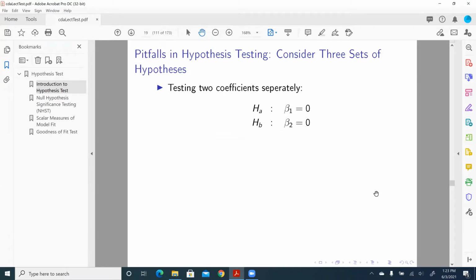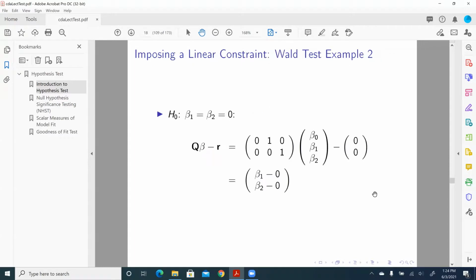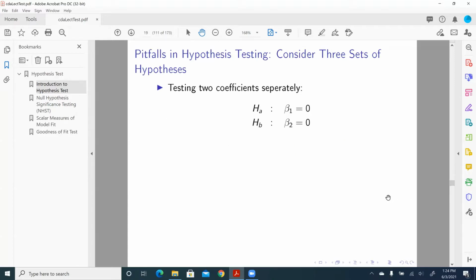Let's say we test the 2 coefficients separately as opposed to simultaneously. So this is simultaneously, right? β1 equal to β2 equal to 0. How about testing them separately? Will there be any difference? How about testing this one?